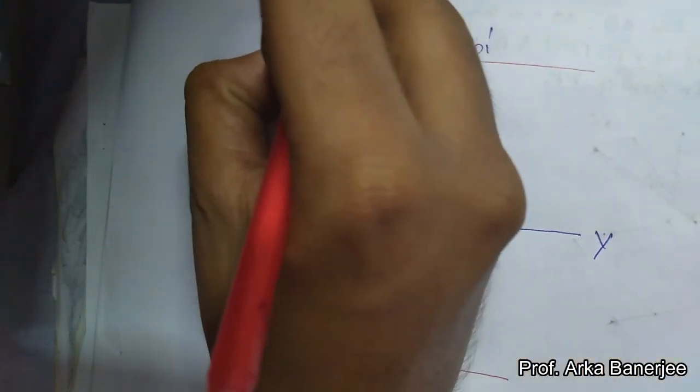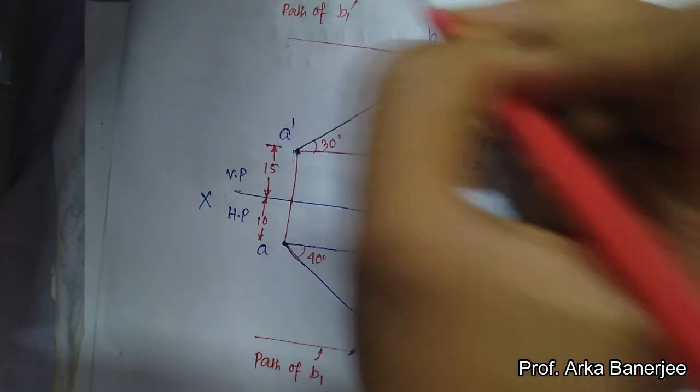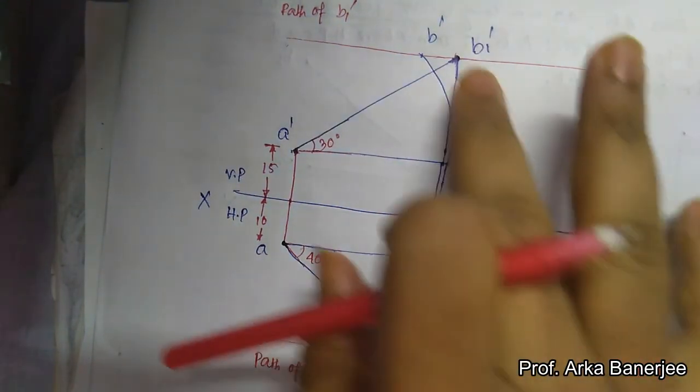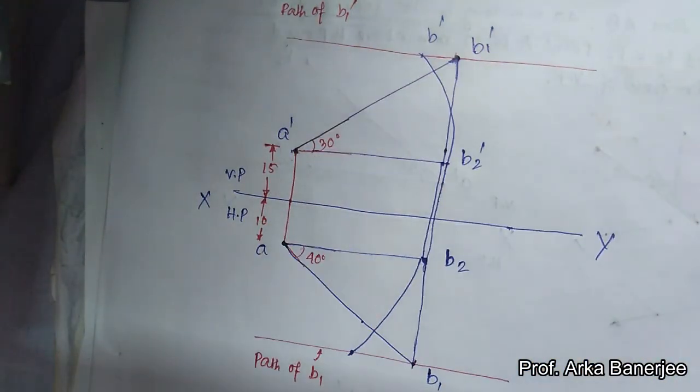This line is path of B1 and this line is path of B1 prime. That means by this path B1 will travel if you rotate it, and by this path B1 prime will travel if you rotate it.